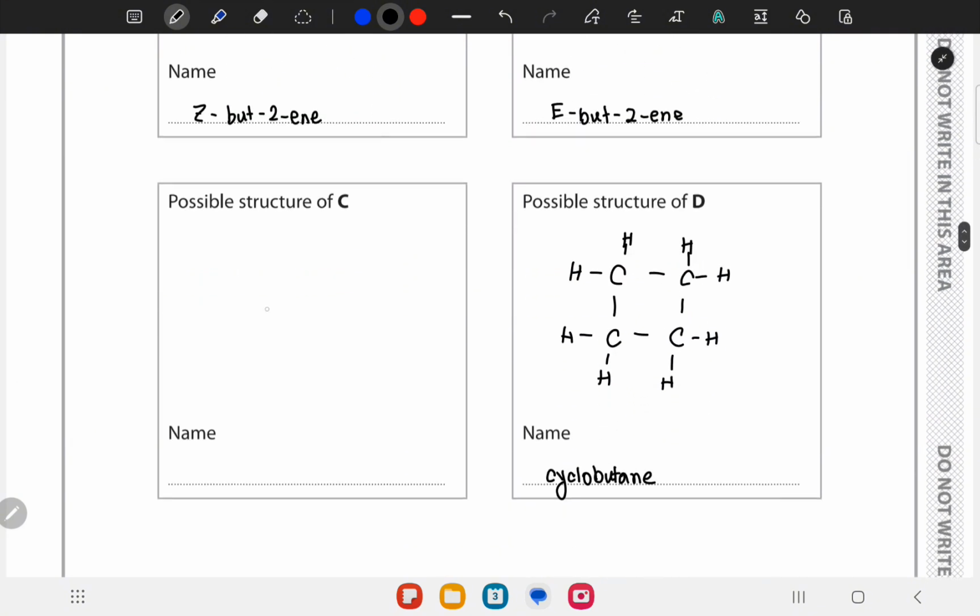And the possible structure for C would be this. This is one of the possible structures.